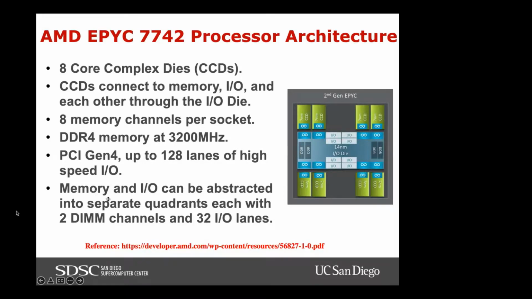And so typically memory and IO can be abstracted into quadrants. So you can grab one of these quadrants which has some of the IO channels and basically the memory, right? So you can have 2 DIMM channels and 32 IO lanes in each quadrant. And that's how Expanse is set up, by the way.